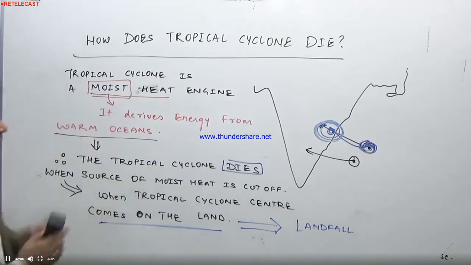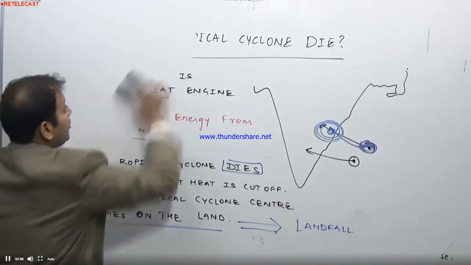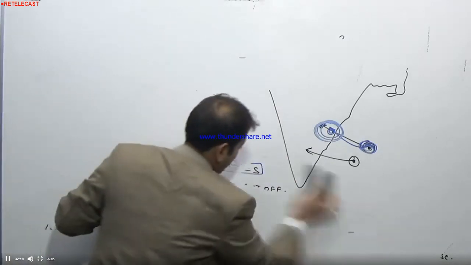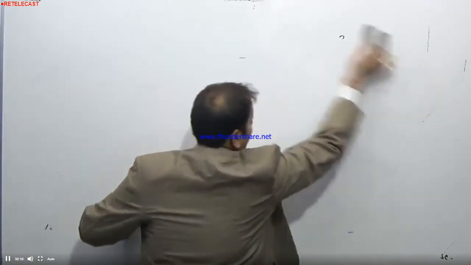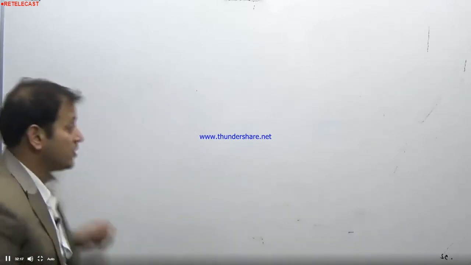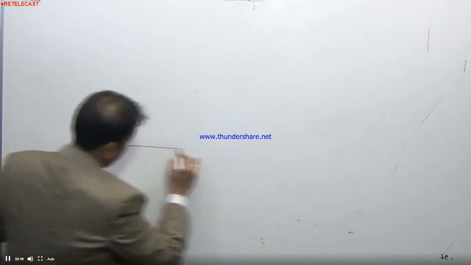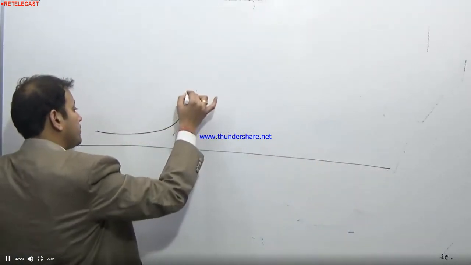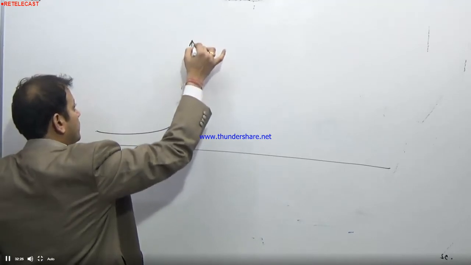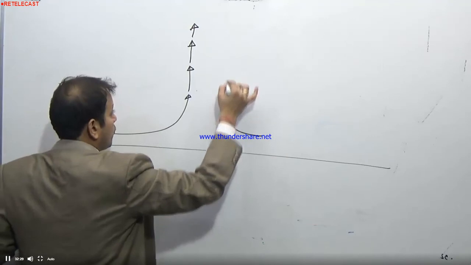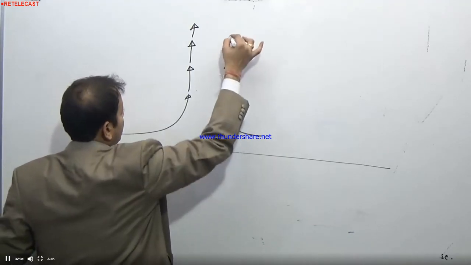Now again I will revise. What is a tropical cyclone? The tropical cyclone is a moist heat engine which requires some conditions, that is the presence of warm and moist heat in the form of latent heat of condensation, which is derived from evaporation over the oceanic surfaces.